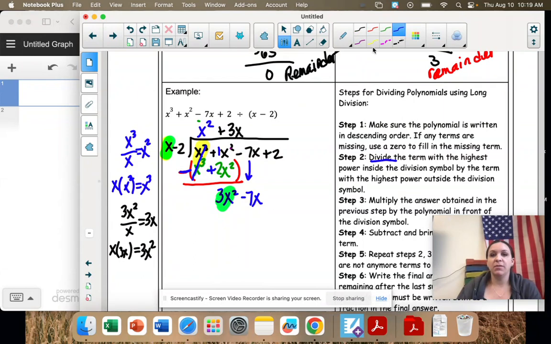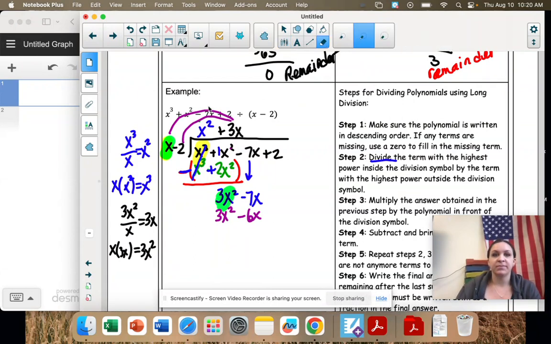And then we do the same thing, we multiply. So we're going to times 3x by both of those. So 3x times x is 3x squared, which is the goal. That's what we want. And then 3x times negative 2 is negative 6x. I'm just erasing those so they're out of my way.